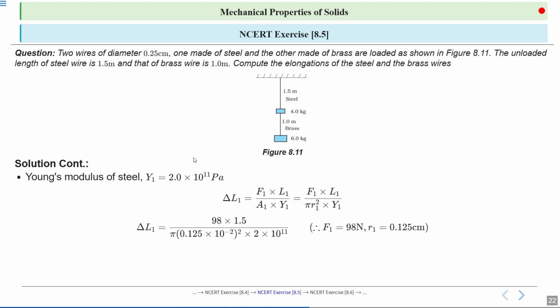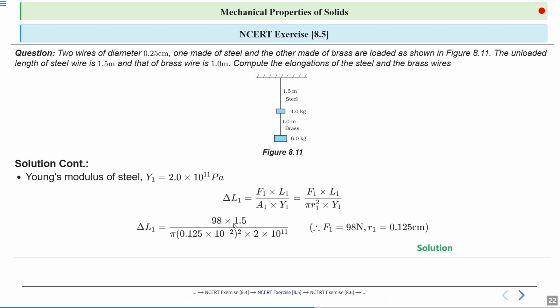Alright. So substitute the values for the steel wire into the formula. Here F1 is 98 Newton and r1 is 0.125 centimeter. So delta L1 is equal to 98 into 1.5 divided by pi into 0.125 into 10 raised to the power minus 2 whole square into 2 into 10 raised to the power 11.